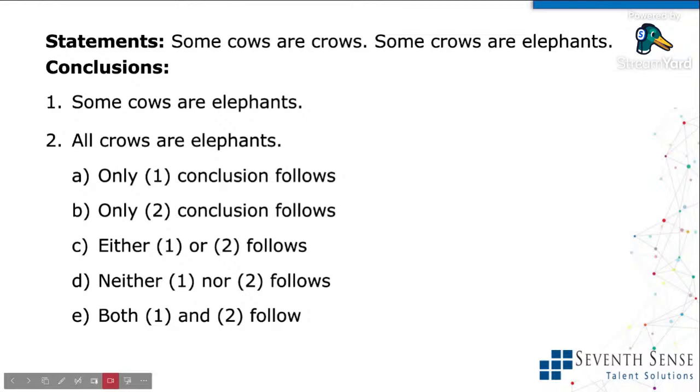You have to create your own conclusions, or else you can take no crow is an elephant, no cow is a crow. That is when you can easily solve this syllogism. If you stick to only these two conclusions that I am showing, it will be helpful only to some extent. If you want it in a better way, you have to add some more conclusions.